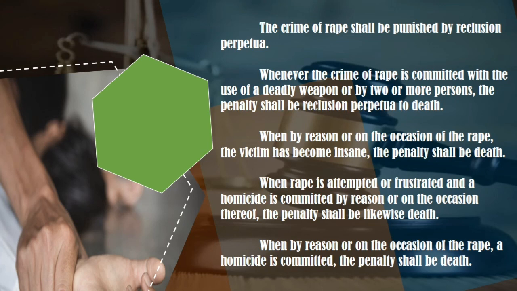Now, when rape is attempted or frustrated and a homicide is committed by reason or on the occasion thereof, the penalty shall likewise be death. And when by reason or on the occasion of the rape, a homicide is committed, the penalty shall be death as well.